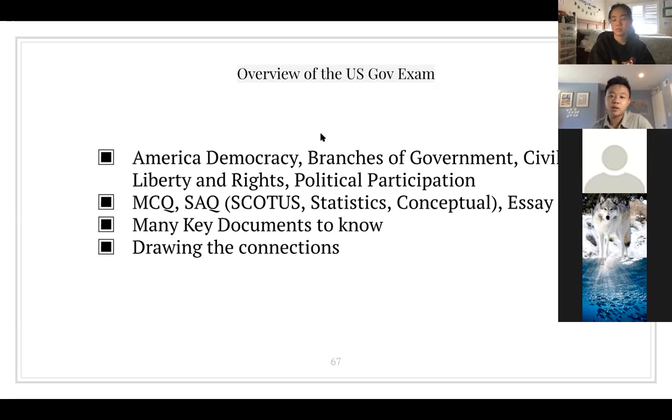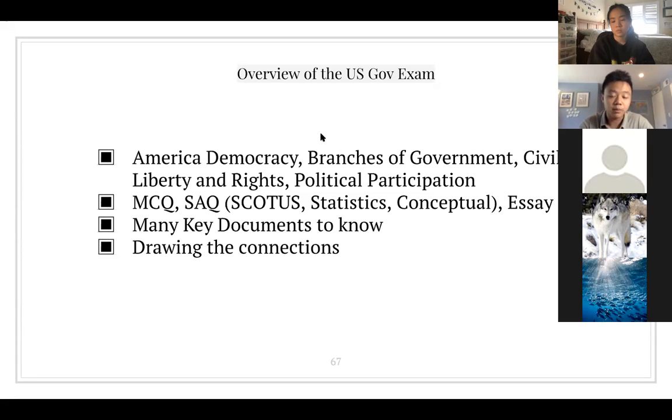The AP US government course is broken down into American democracy, where you will learn about federalism and the different components of the American democracy, including the media and interest groups. Next, you move on to branches of government. This is pretty straightforward: the Congress, the executive branch, which is the president, and then the judicial branch.